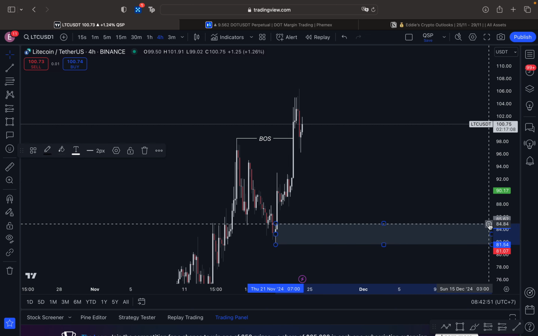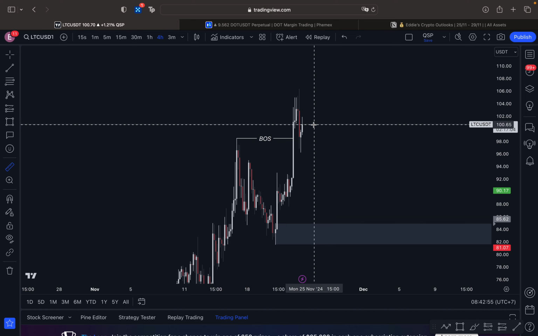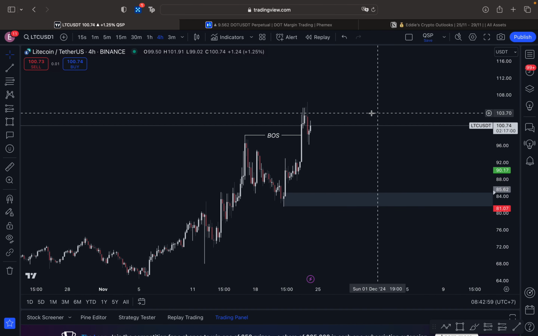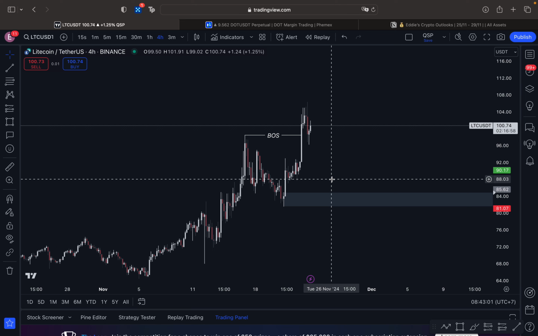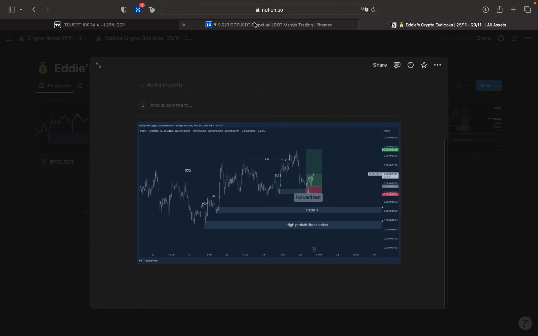I'm just gonna wait for this demand zone. That's like a 15% drop. Is it? Yeah, around 15-16% drop. So we're not gonna try shorting it to this demand zone. It's better if we just wait for this demand zone and then a reaction. So, I'm gonna set an alert there as well. Forgot to do this part.